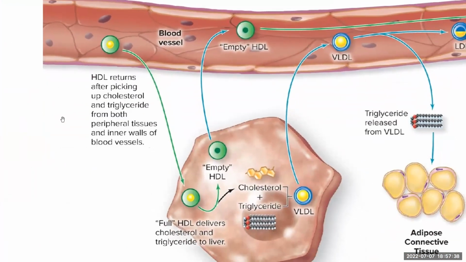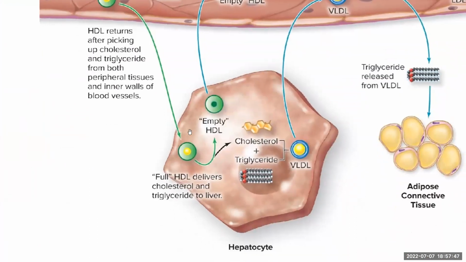It picks up all those cholesterol molecules and triglycerides from the peripheral tissues and anything that's inside the blood vessel, and it returns it back to the hepatocyte full. And so now it can offload all that cholesterol and those triglycerides for, like I said, bile salts or to make more VLDLs.